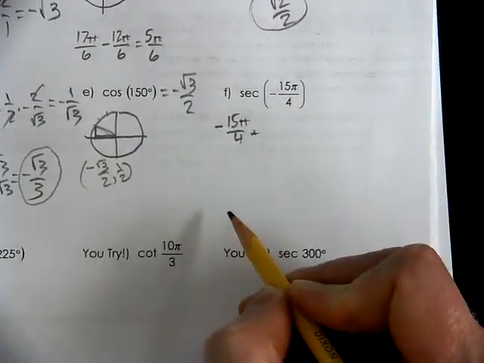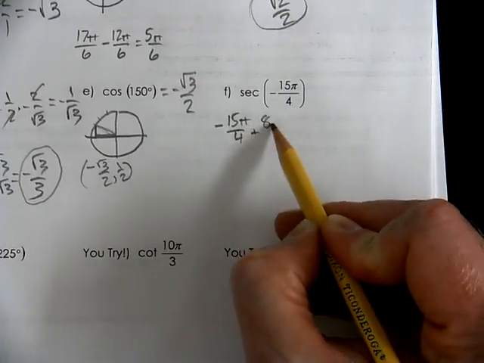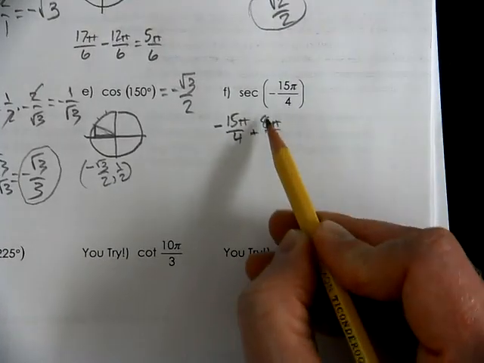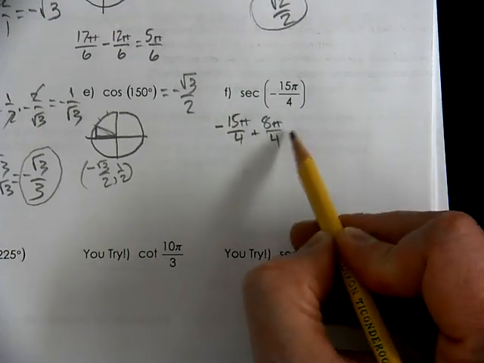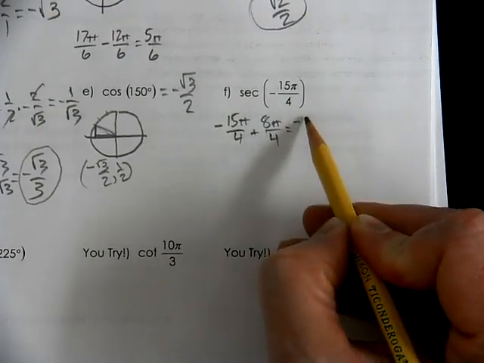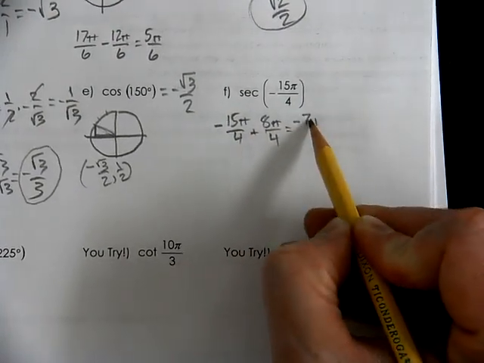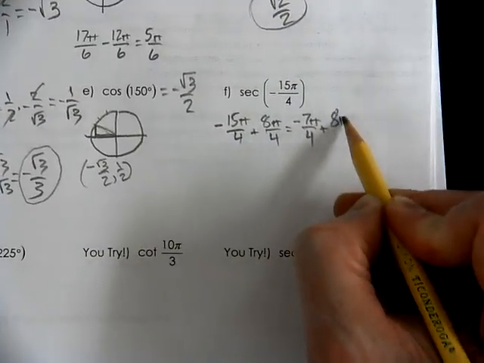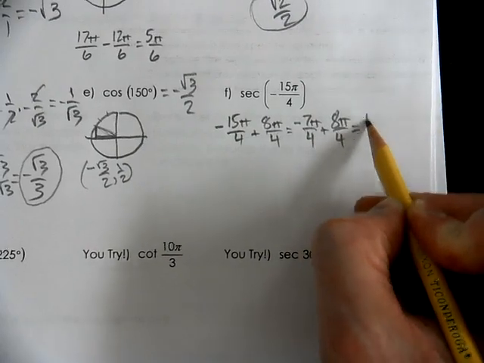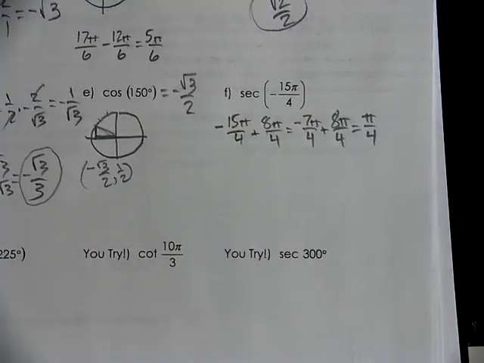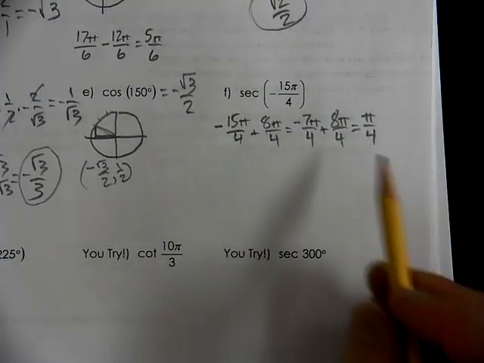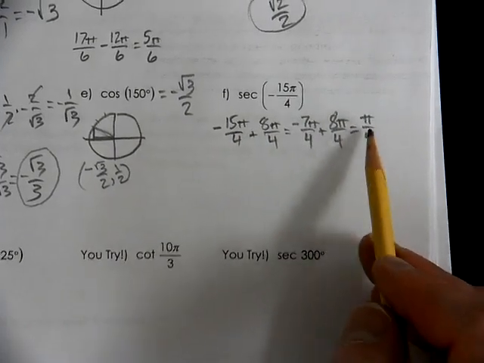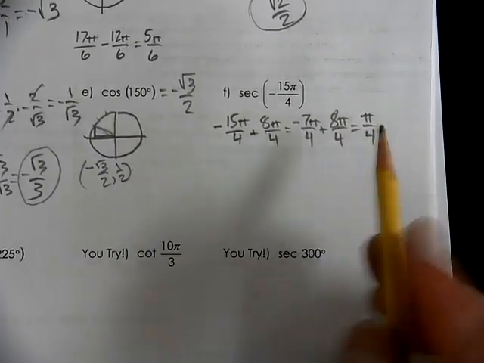So I'm going to add 8 pi over 4 because that's a value of 2 pi. That gives me negative 7 pi over 4. It's still negative, so I'm going to add another 8 pi over 4. That finally gives me a positive angle. So this is a coterminal. It's a positive one. Now I know where that is on the unit circle.